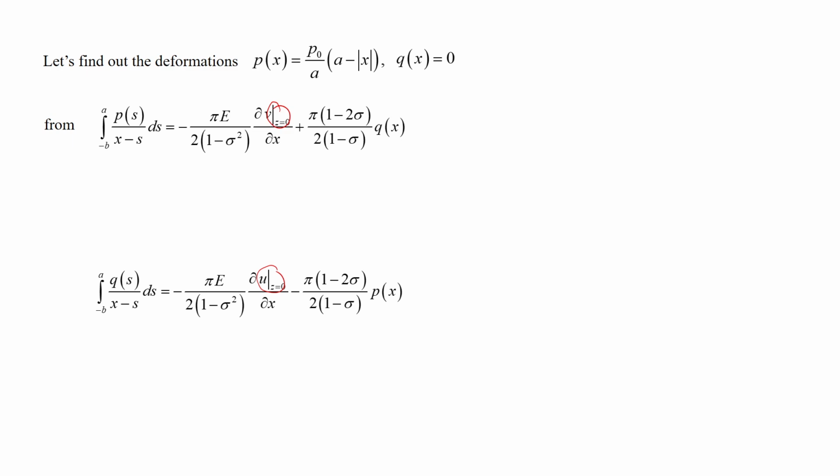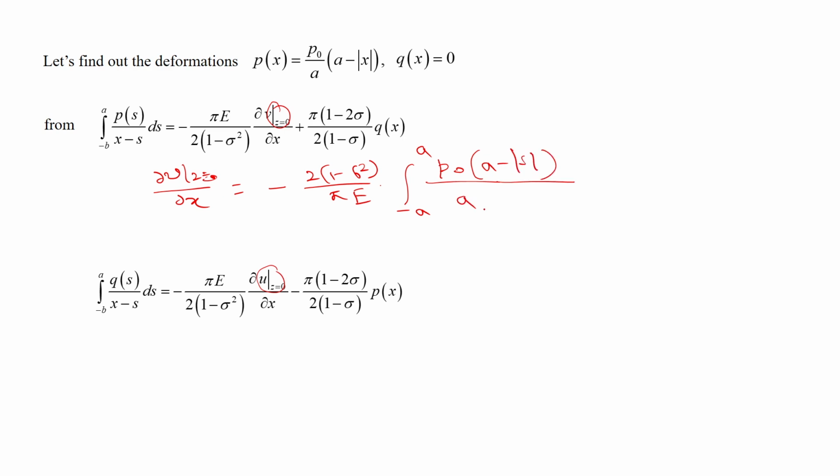If I write it, it will be something like this: del v by del x at z is equal to 0 will be equal to minus of 2 into 1 minus sigma square by pi E, integral from minus a to a, of p s, where p s is defined as p 0 into a minus s by a, into 1 by x minus s, d s, and q s is equal to 0, that we know.